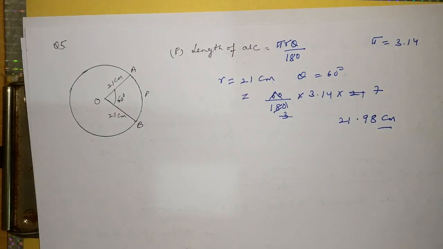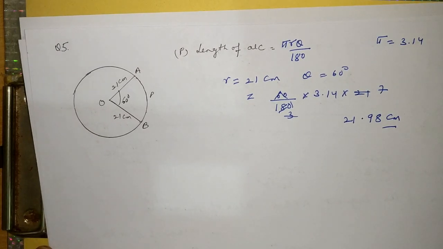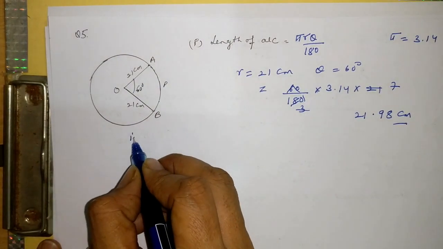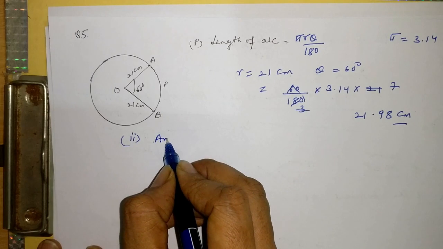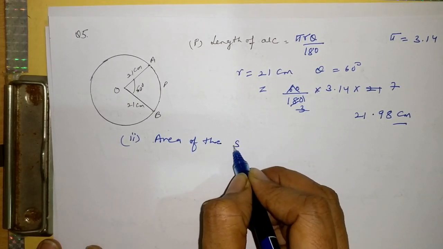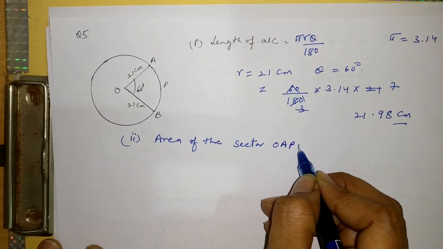Okay. Second step is to find the area of the sector formed by the arc, and then the area of the segment. So let us join this. First we'll find the area of the sector. This is OAPB.